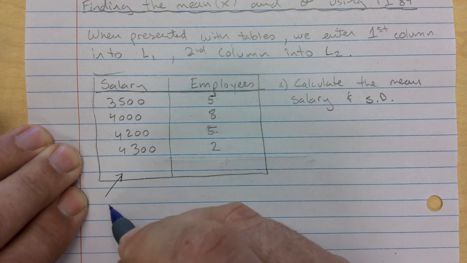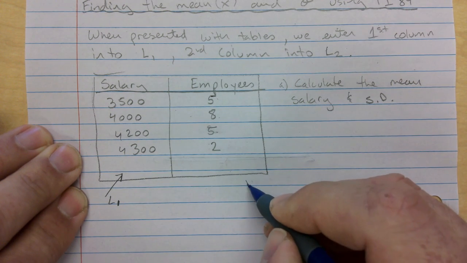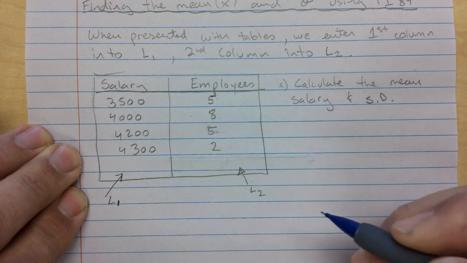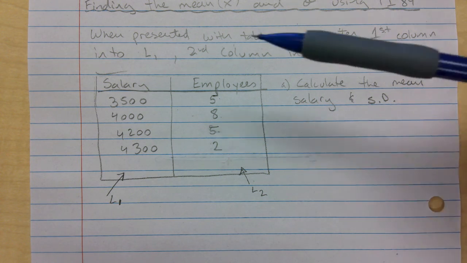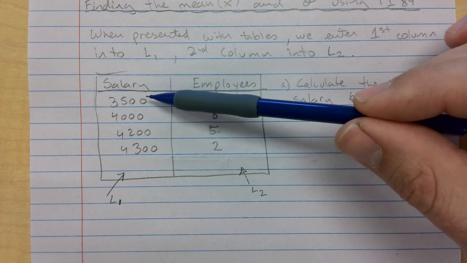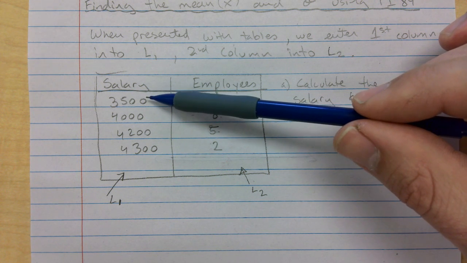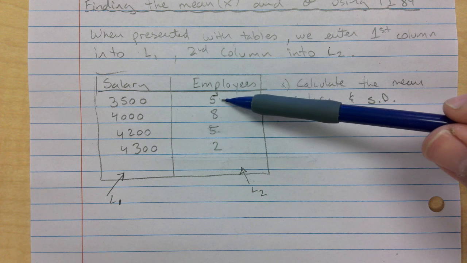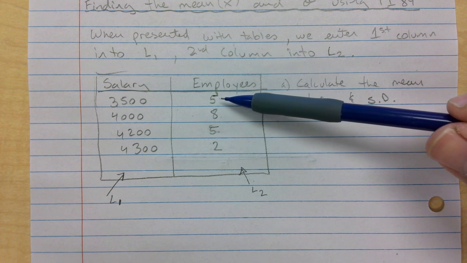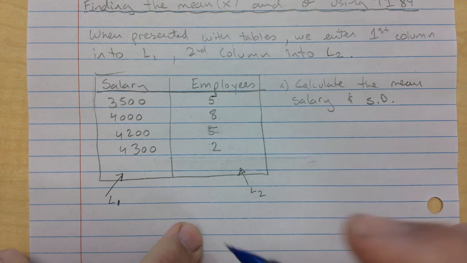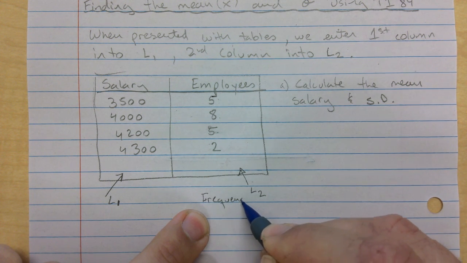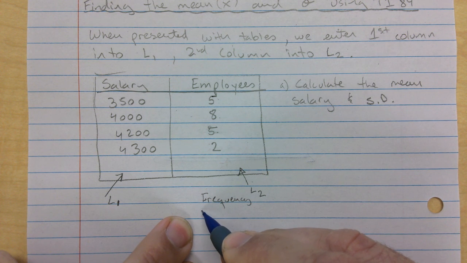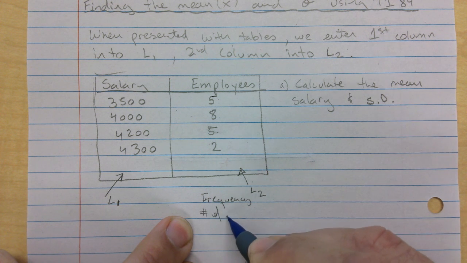This goes into L1 and this goes into L2. And I need you to understand what this chart is saying. This chart is saying that a salary of 3,500 in your data set appears 5 times. So this is the frequency, the number of occurrences.